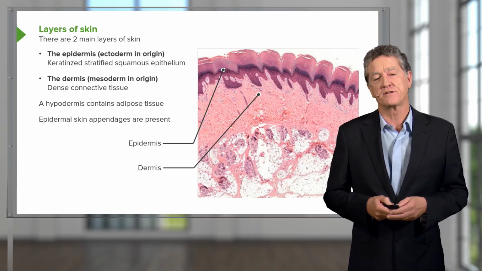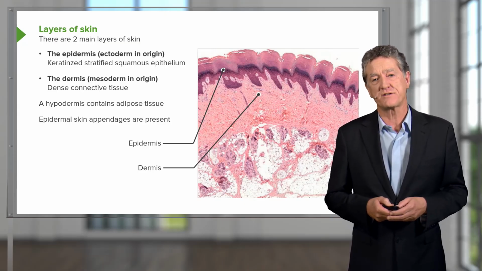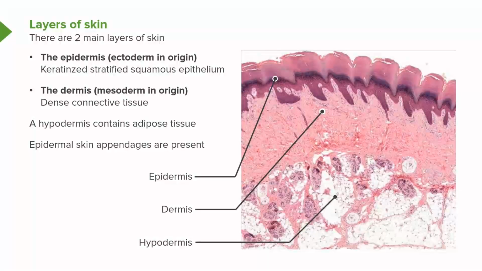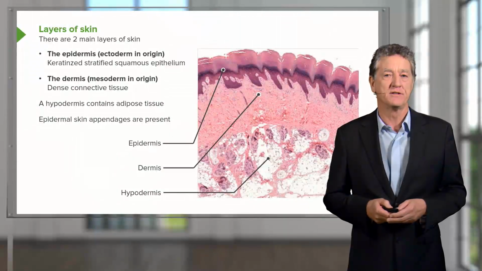Underneath the skin, underneath the dermis, you can see a very clear layer. That's the hypodermis. It contains adipose tissue, or lots and lots of fat cells. And if you look very, very carefully in that hypodermis, you can make out some little round circular profiles, stained bluish.